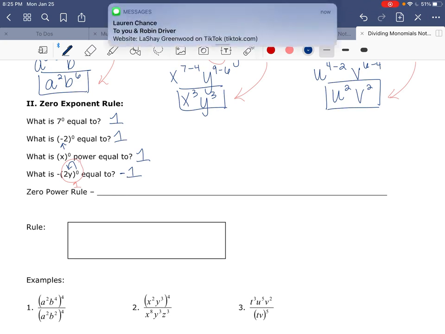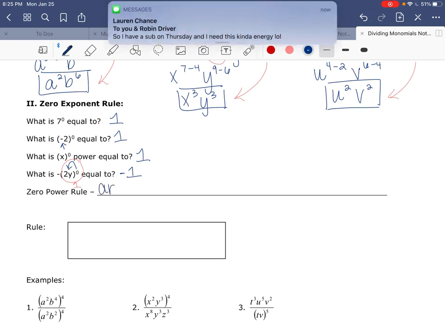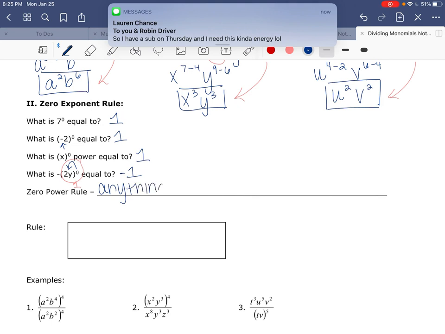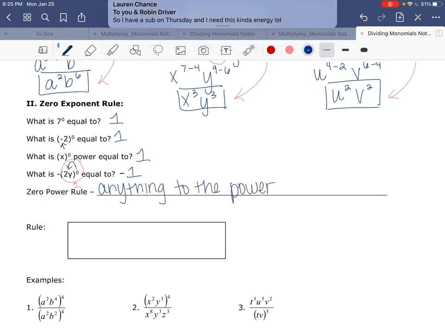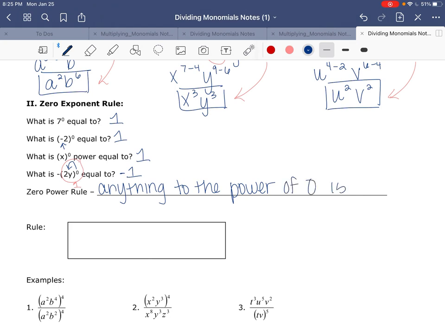But this rule is going to be your favorite because anything to the power of 0 is equal to 1. Like I could give you the most crazy thing, like 1,200,000 A to the 4th, B to the 17th, C to the 27th.